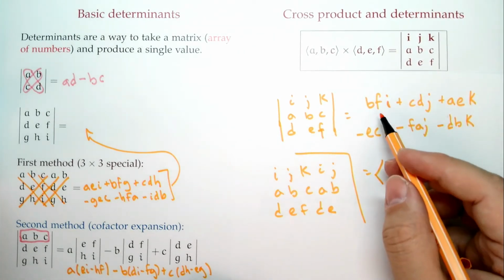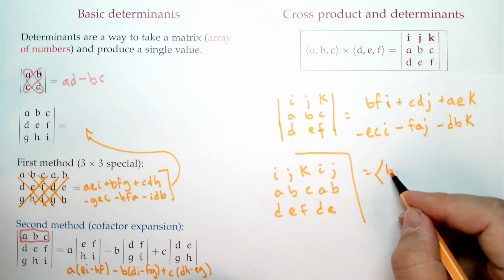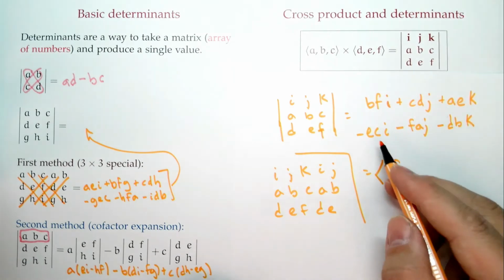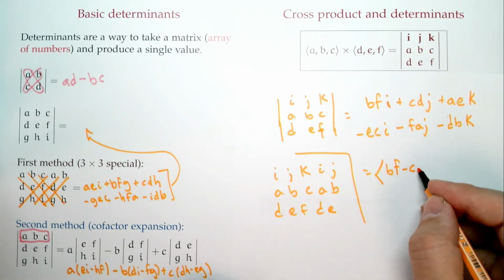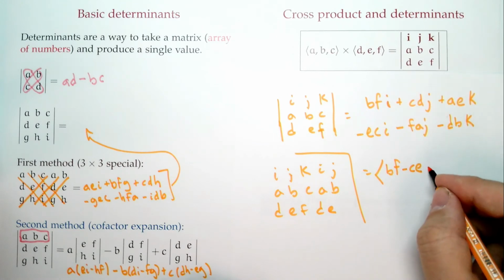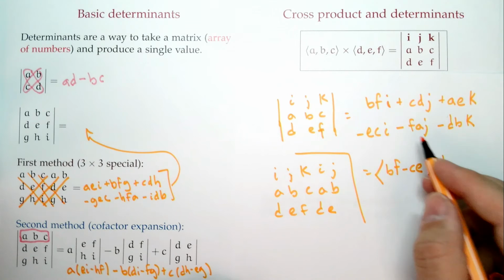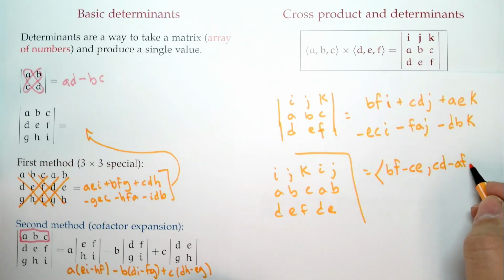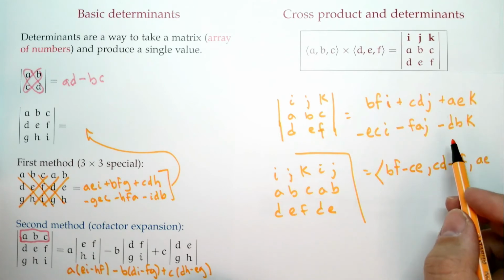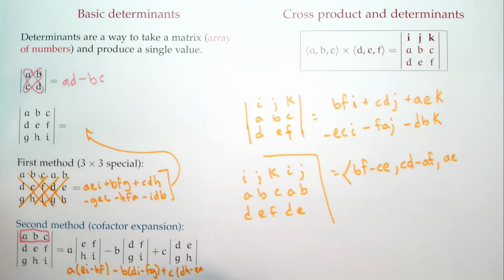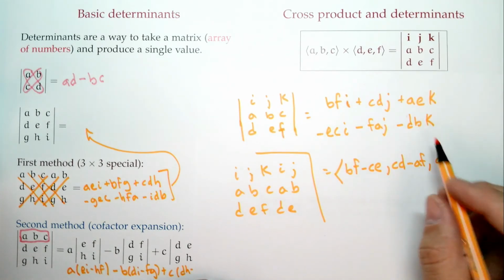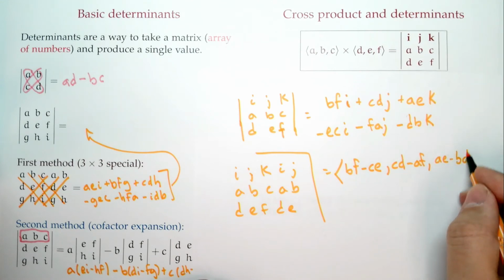Well, in the I component, we'd have BF minus EC, which I'll put in alphabetical order, minus CE, comma. Next, CD, minus AF. Last one, AE, subtract BD.